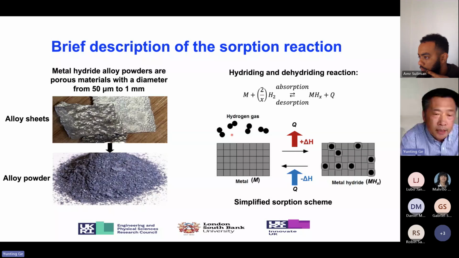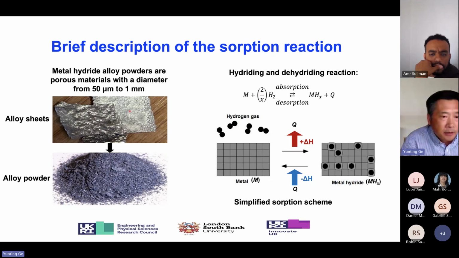As we discussed, the metal hydrate alloy is the absorbent used in the metal hydrate heat pump, and hydrogen is used as the working fluid. You can see in this slide, for convenience of transportation, these alloys normally form an alloy sheet like that.